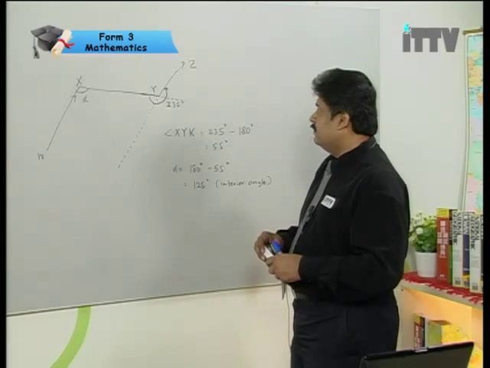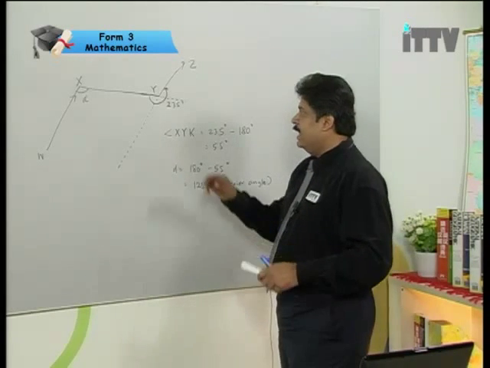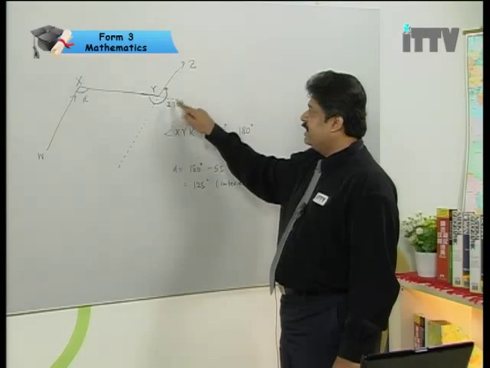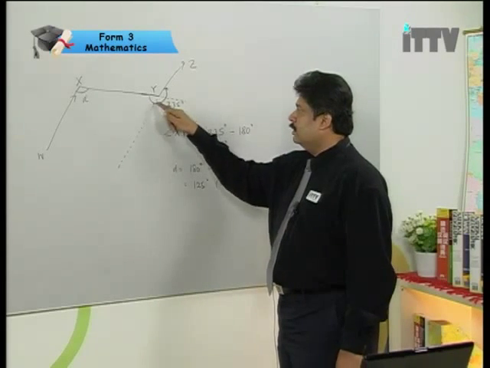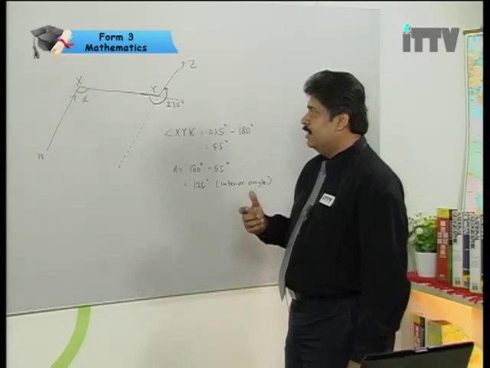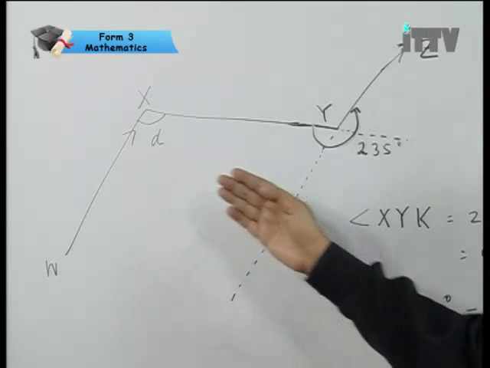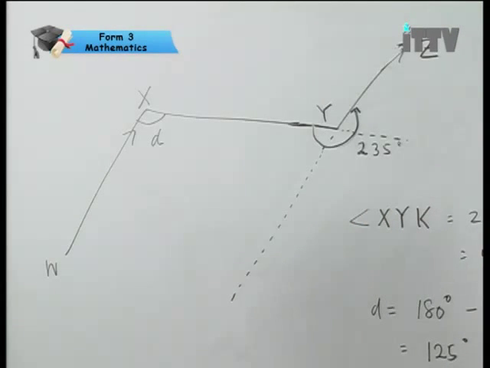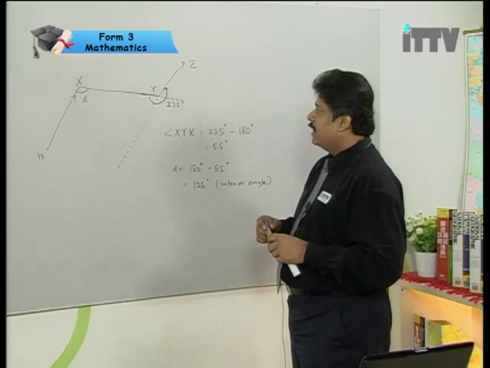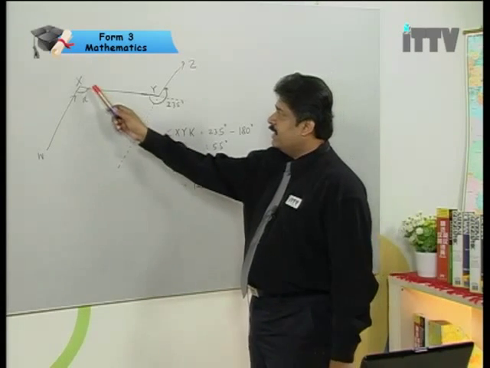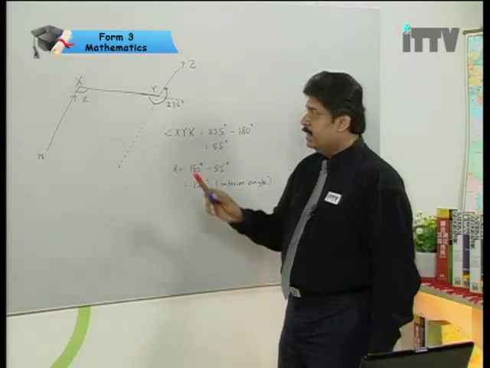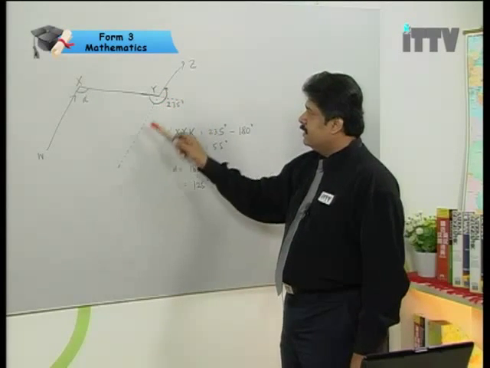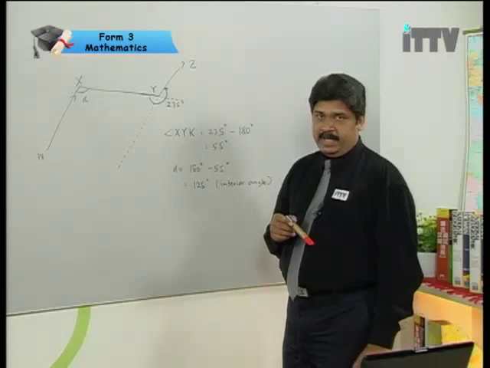If you look very closely, we have an angle 235 on the side. Now, how can I relate the value of D to the value of 235? That is the question we have to ponder. In order to solve this problem, first of all, I see that line XW and this line here are parallel by nature.